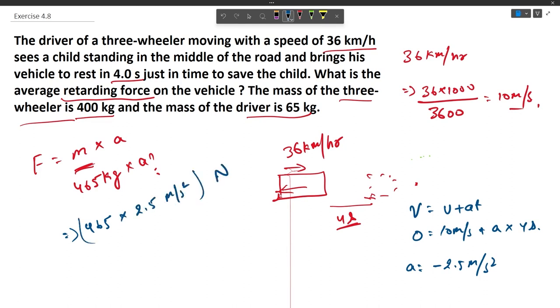That would result in 1162.5 Newton, or we can say it is 1.2 into 10 raised to the power 3 Newton. So this magnitude of force is required in the opposite direction to bring the vehicle traveling at 36 km per hour to stop in 4 seconds. Thank you.